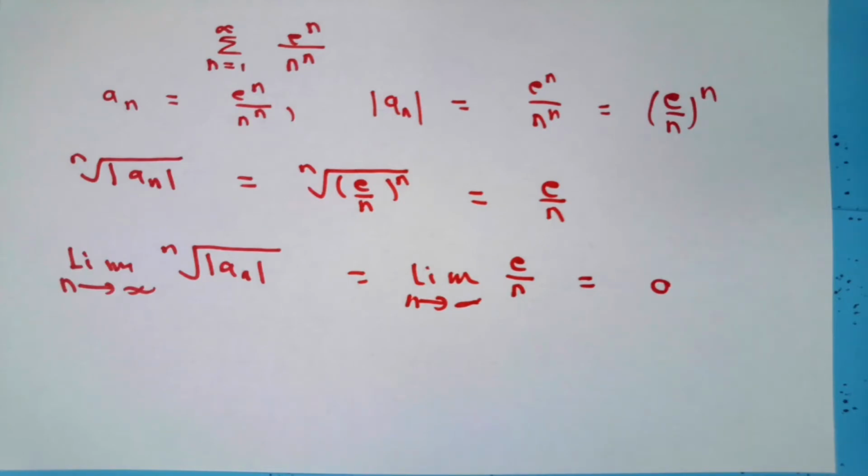The number on top is a fixed constant value. The quantities e over n become arbitrarily small as n increases. The limit equals 0. And since 0 is less than 1, the root test tells me that my infinite series converges.